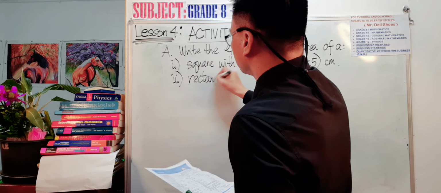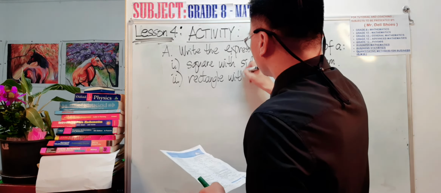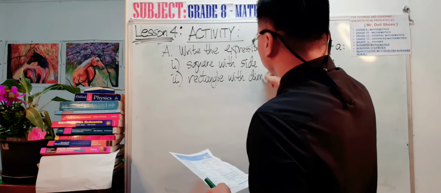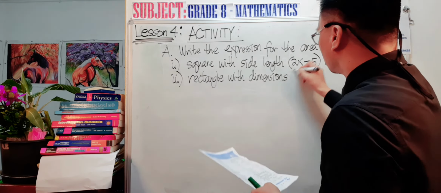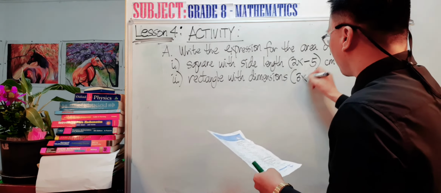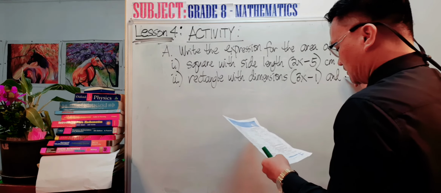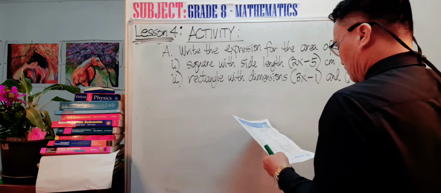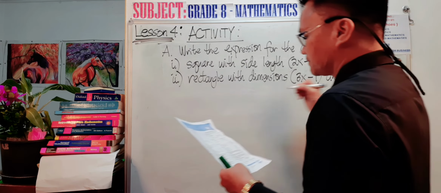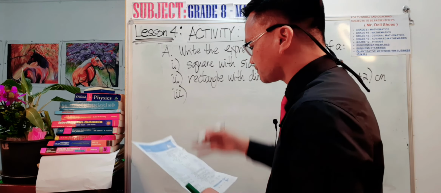Roman numeral 2, rectangle with the dimensions 3x minus 1 and x plus 2 centimeter. Roman numeral 3.